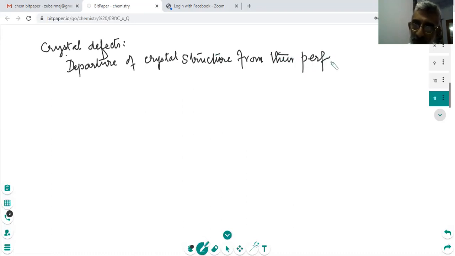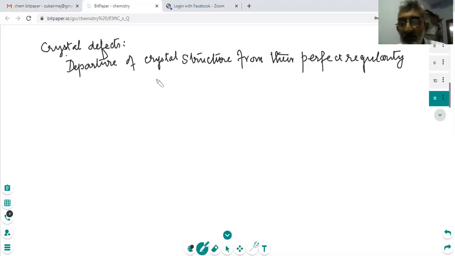We have already told that crystals have a very regular structure. In the case of ionic crystals, you know that they have cations and anions. They fit perfectly into the crystal lattice, with each anion being surrounded by cations in a proper fashion, so that the crystals are electrically neutral. Any deviation from this perfectness is what is called a crystal defect.